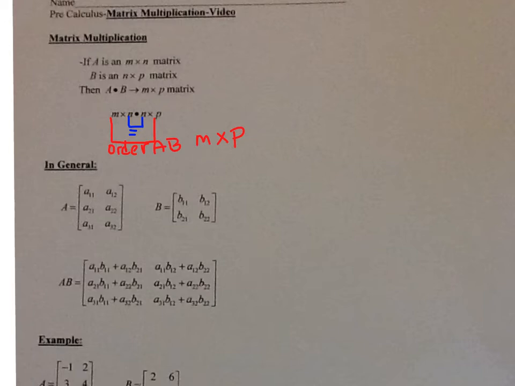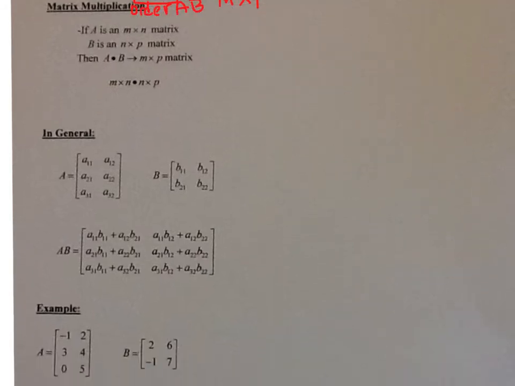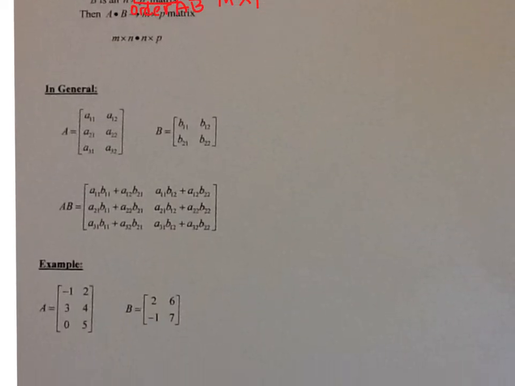Okay, so let's take a look at the general rules here for multiplying matrices. If I have matrix A, in this case a 3 by 2, and matrix B, a 2 by 2, first of all these numbers are the same, and my result will be a 3 by 2 matrix. So what you do is this.